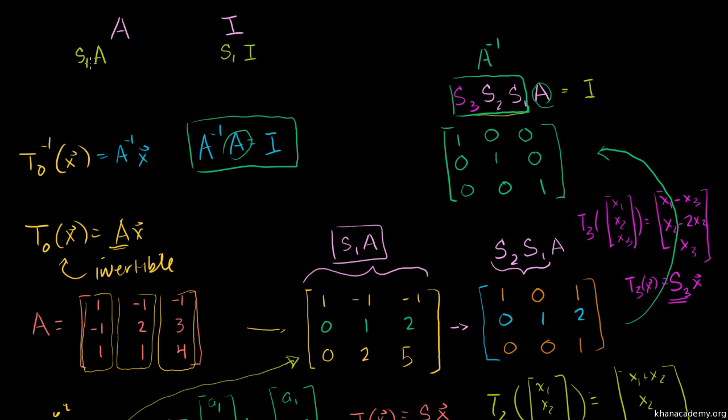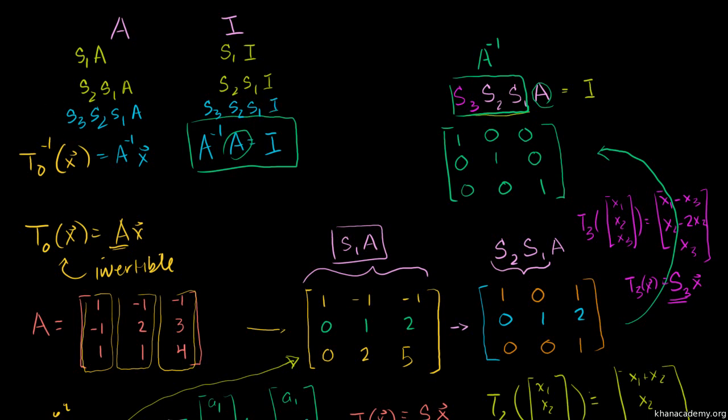Now you perform your next row operation, and you end up with S2 times S1 times A. If you perform that same row operation on this guy right there, you would have S2 times S1 times the identity matrix. Our last row operation we represented by multiplying by the transformation matrix S3. So if you have S3, S2, S1 A, and you perform the same exact row operations on this guy right here, you have S3, S2, S1 times the identity matrix.